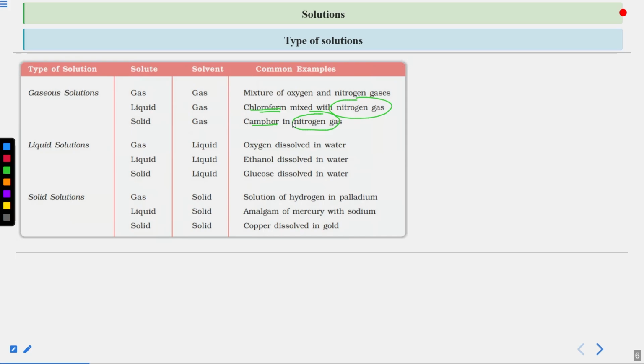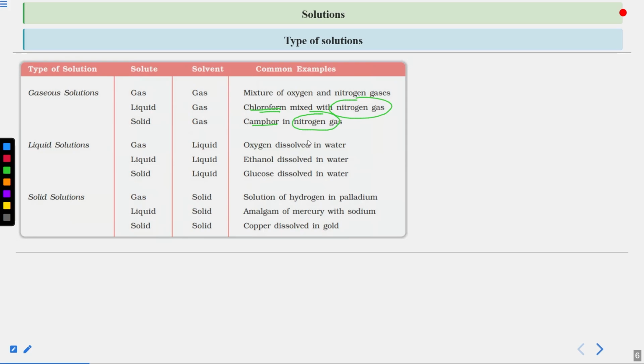How can we do it? It's very simple. Just take camphor and put it in a nitrogen environment. We know very well that camphor slowly sublimes and gets converted into the gaseous state directly, and that will result in a mixture of solid and gas.